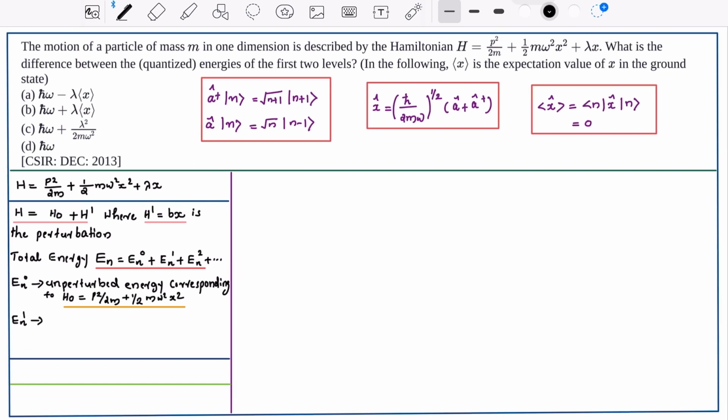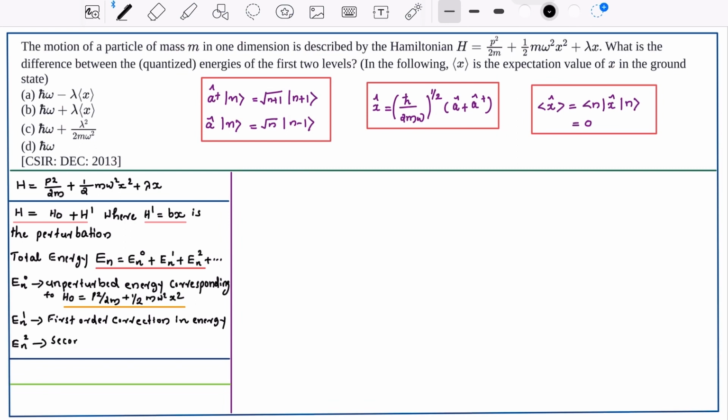We can write En1 as the first order correction in energy. It is a first order correction in energy En0. And what is En2?